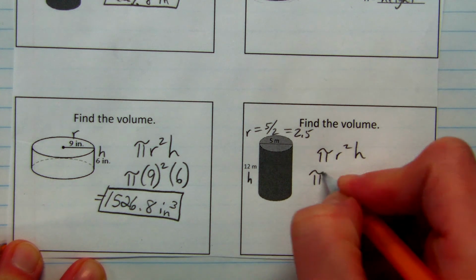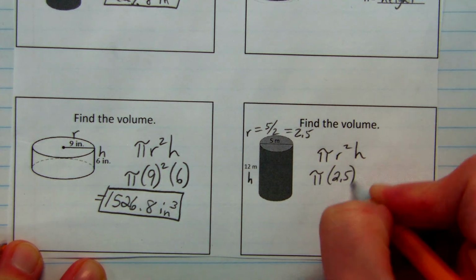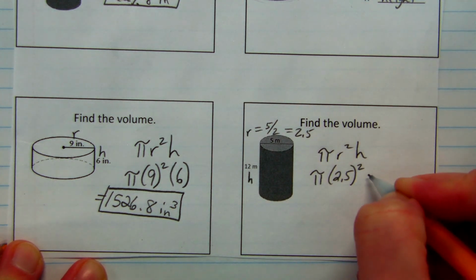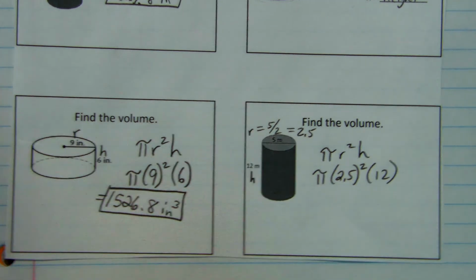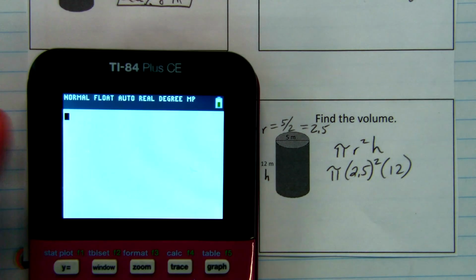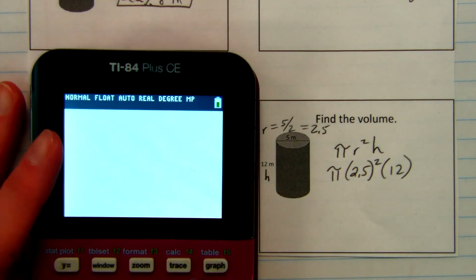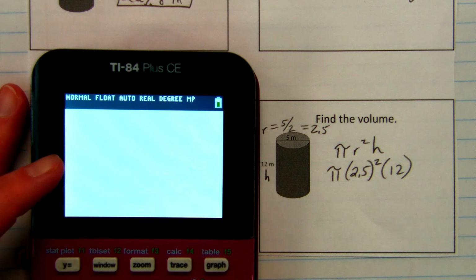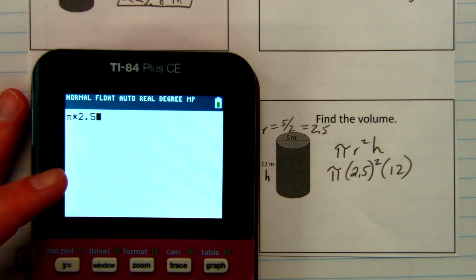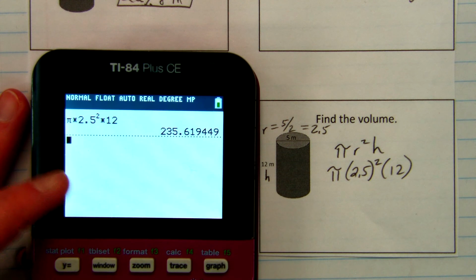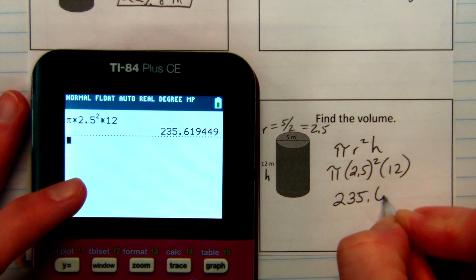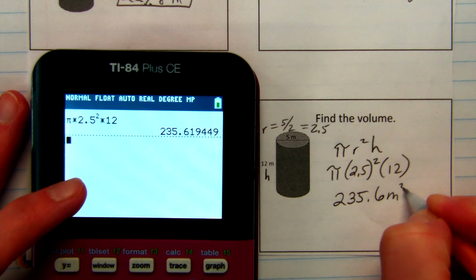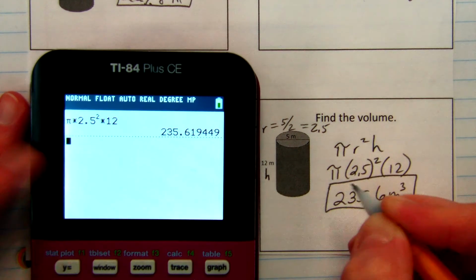So I'm going to do pi times 2.5 squared times 12. You should get 235. I got 235.6, and this would be meters cubed.